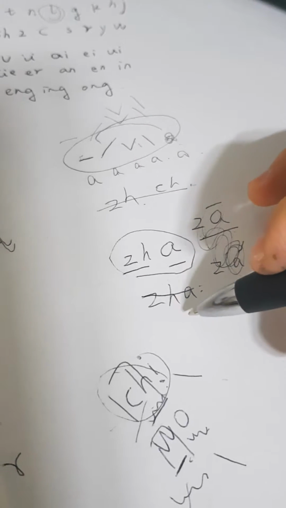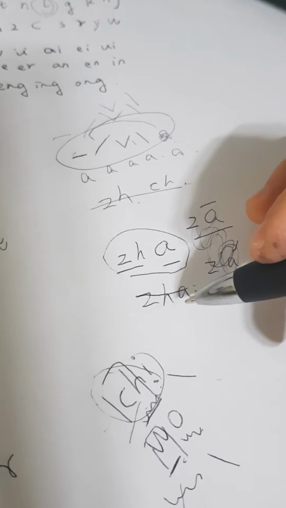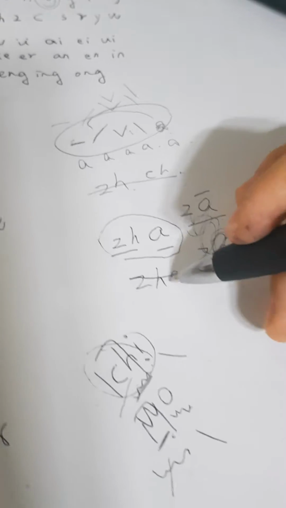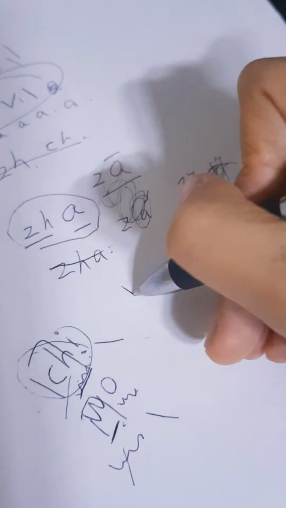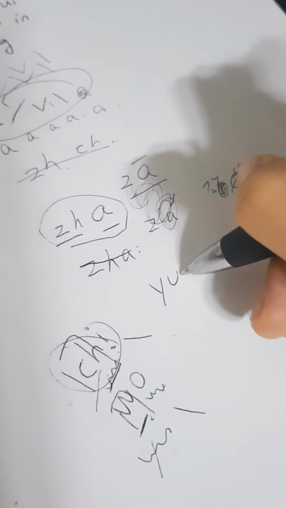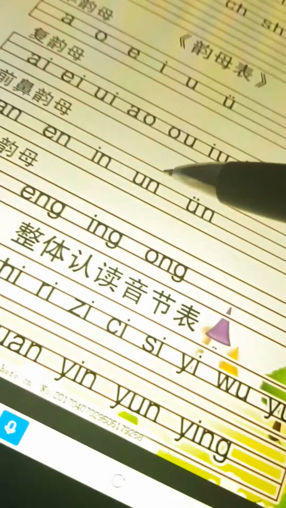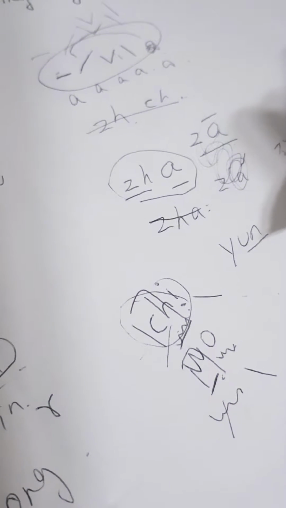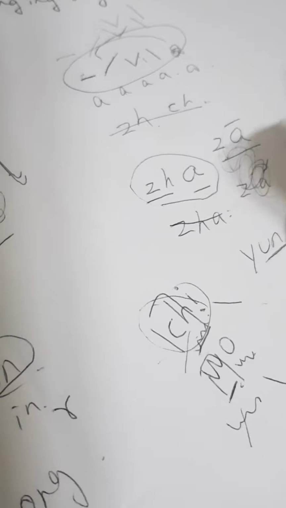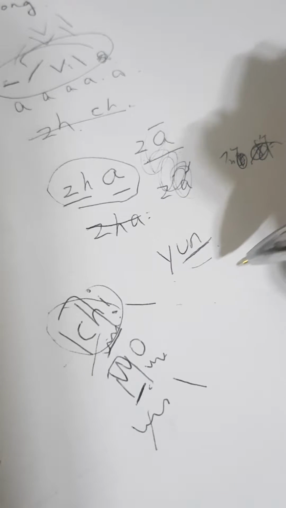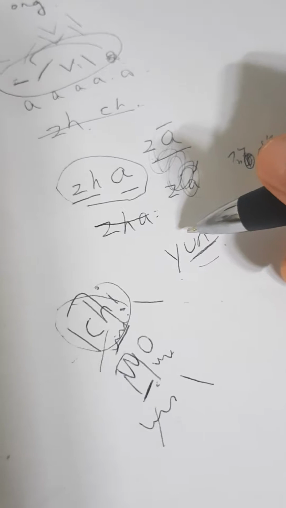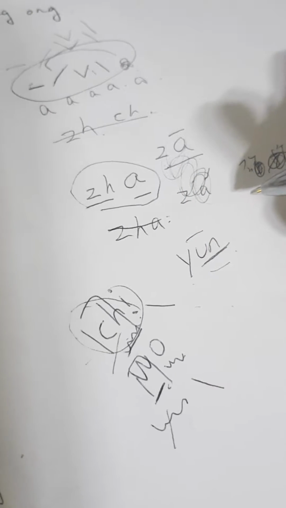Like for example, how to tell yun, how we spell this kind of thing. This we call yi, wun, yun. It's flat, so we call it yun.